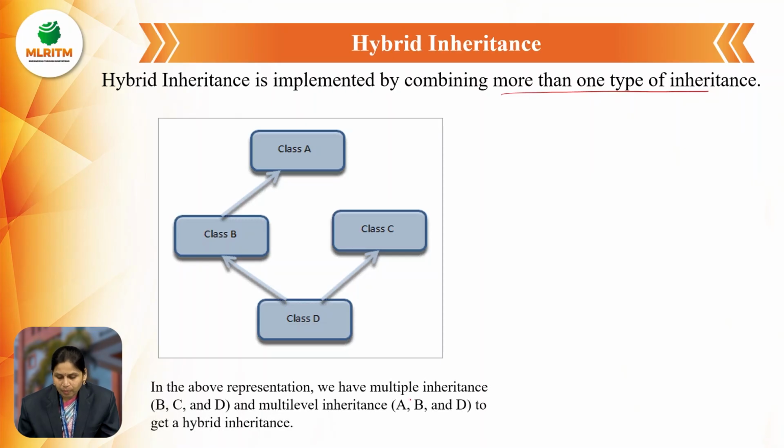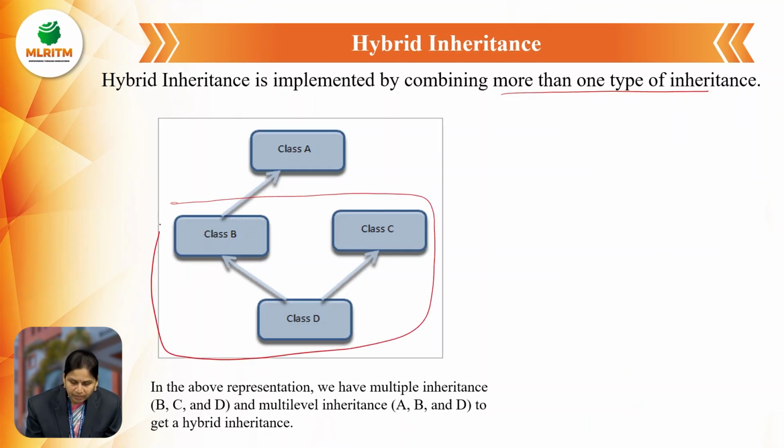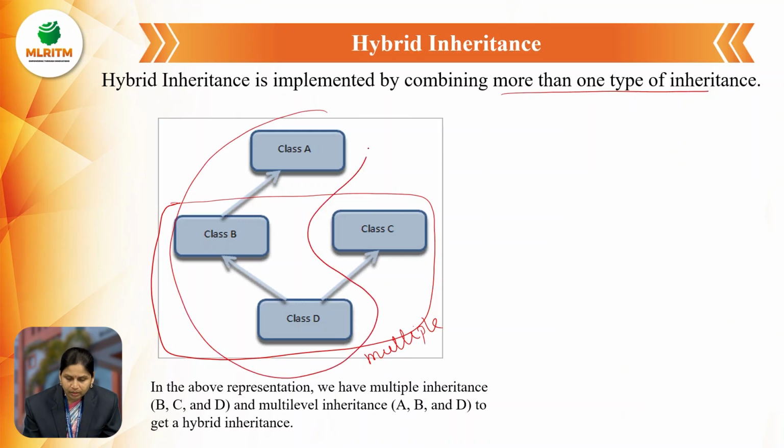When we have multiple inheritance, B, C and D. So, when we observe these 3 classes, it is an example of multiple inheritance. Multiple means one child class, more than one parent class. Next, when we observe A, B, D, it is a multi-level inheritance.